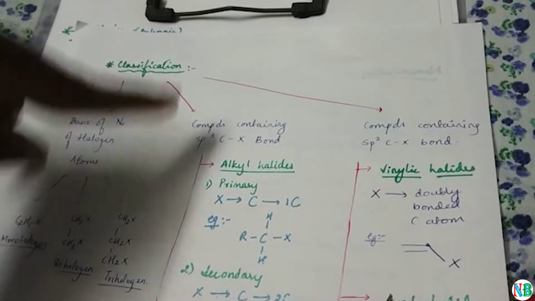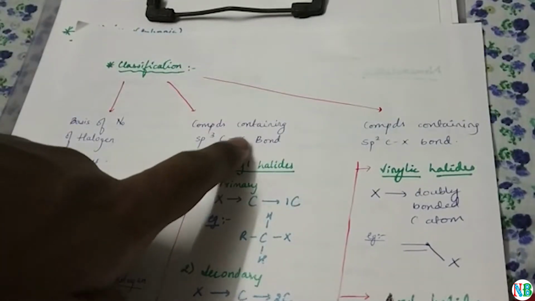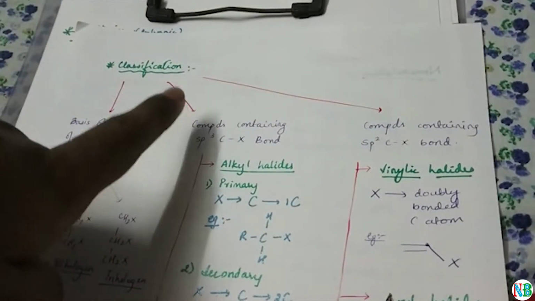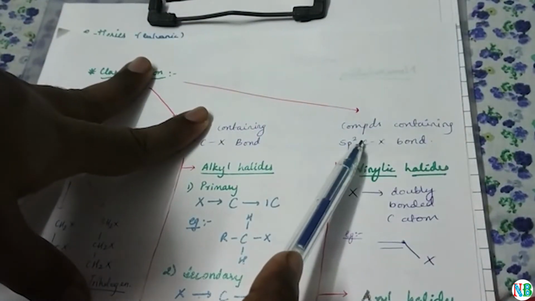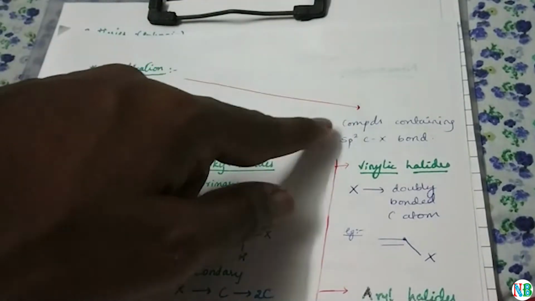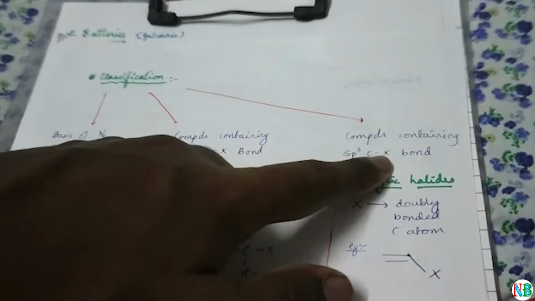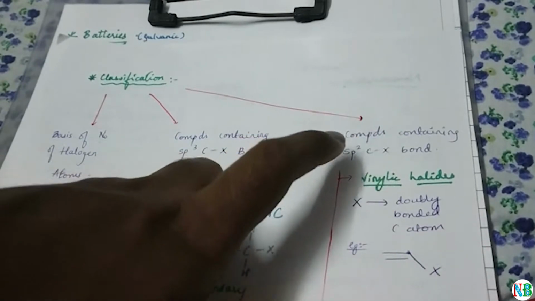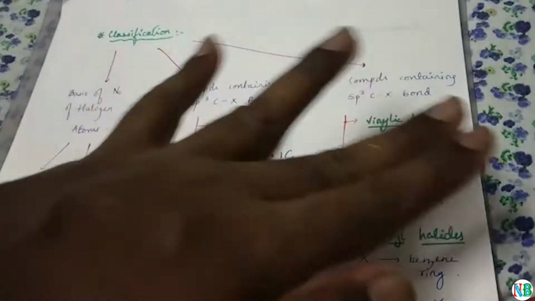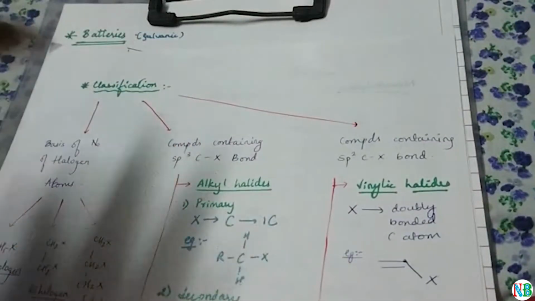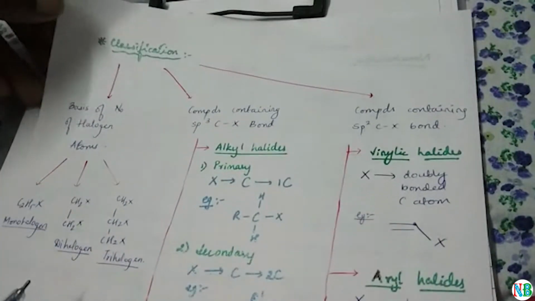An sp3 bond is a single bond, which means that the halogen is attached to the carbon atom which has a single bond. And compounds containing sp2-CX bond, which means that the halogen is attached to a carbon which is a double bonded carbon. As sp2 are double bonds, the halogen is attached to a carbon which is attached to a double bond. So these are the 3 different groups in which we are going to see how our haloalkanes are classified.